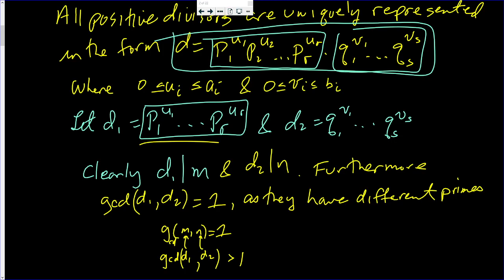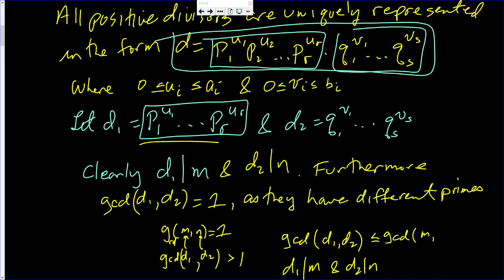Because the GCD of D1 and D2, since D1 divides m and D2 divides n, must be less than or equal to the GCD of m and n. But that's 1.